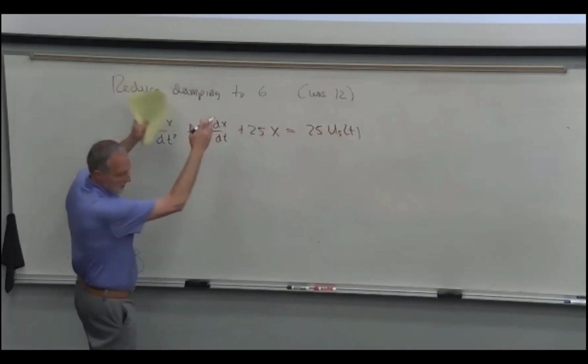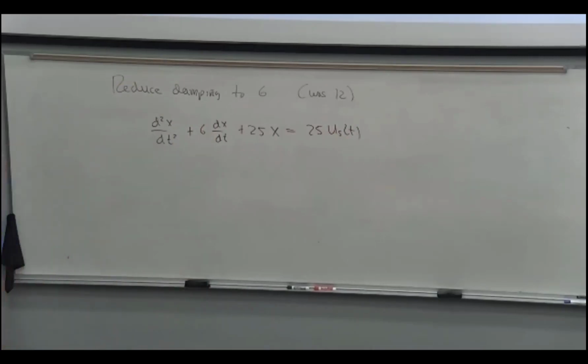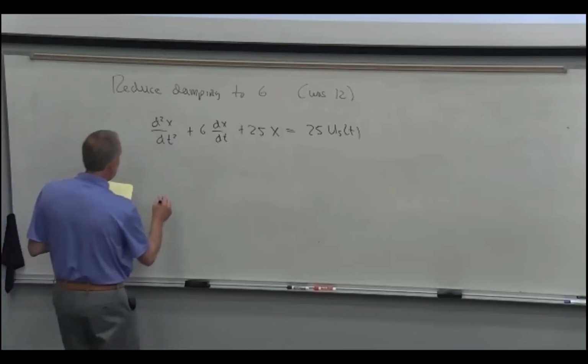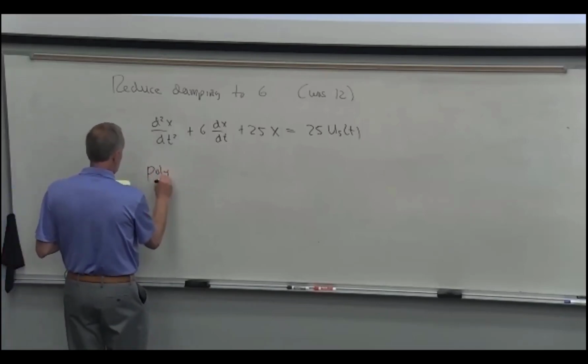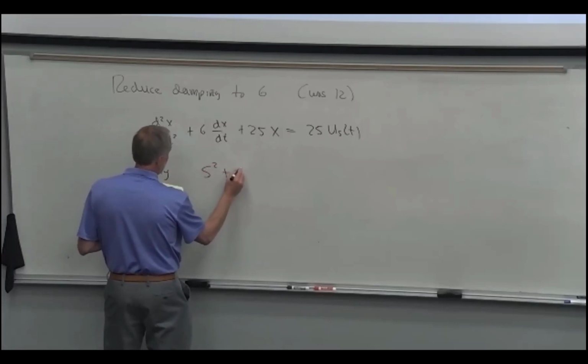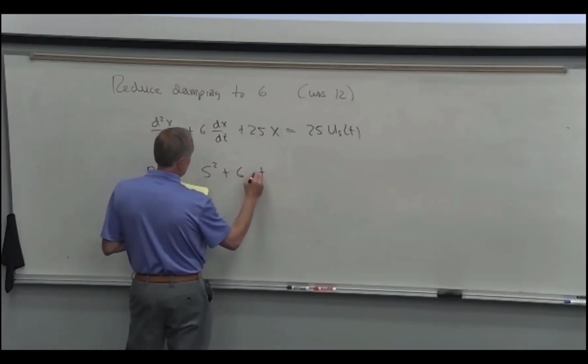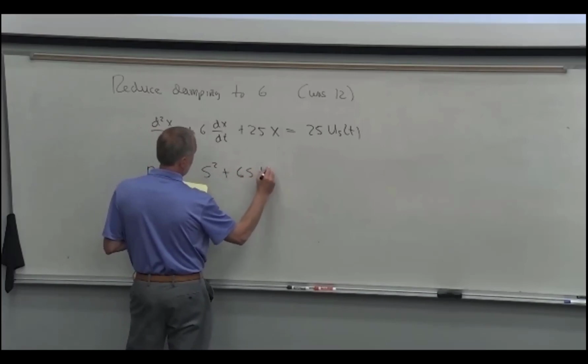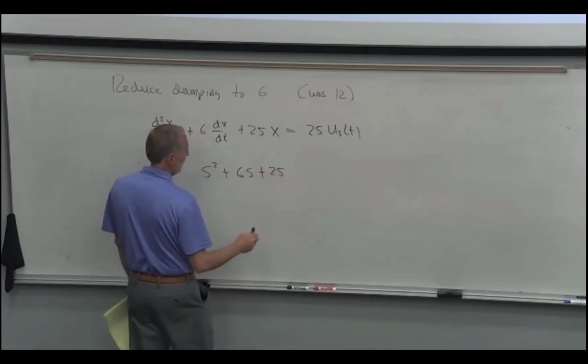We could go through all the steps we did before, the same steps. All we did was change that number, right? And so we end up with a polynomial that is s squared plus 6 instead of 12 plus, and that's the characteristic polynomial.